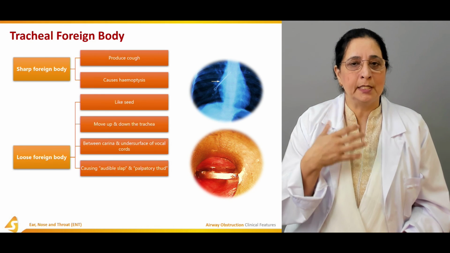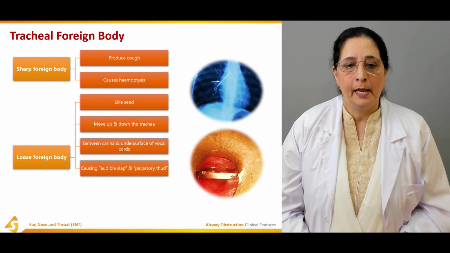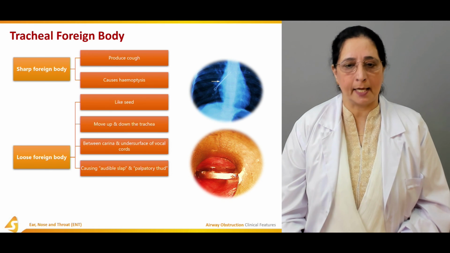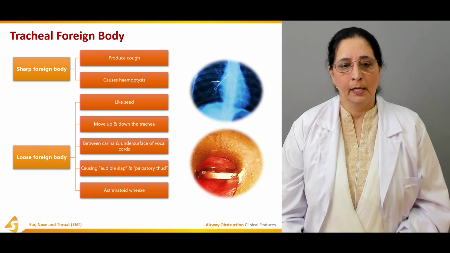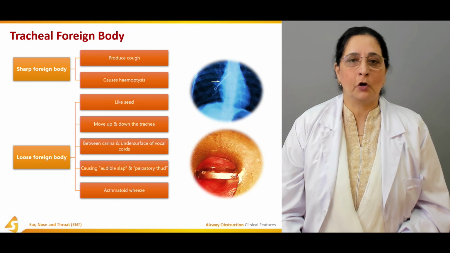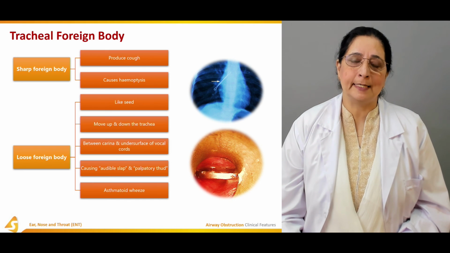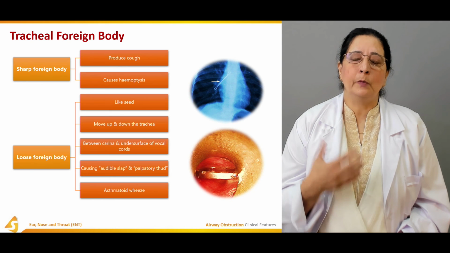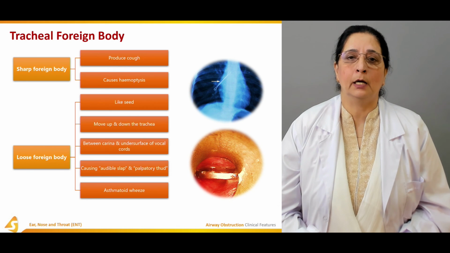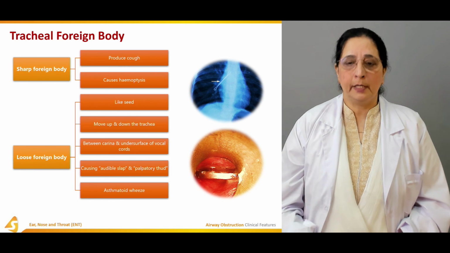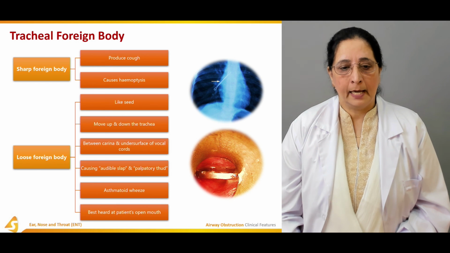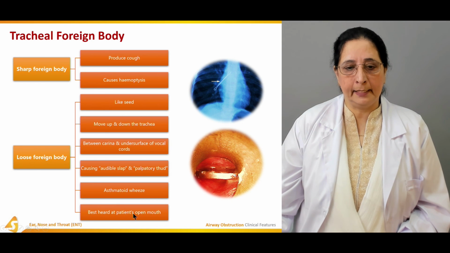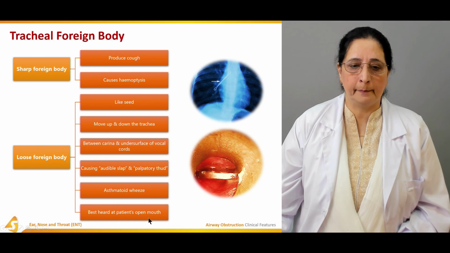It can produce a sound that is audible, and a palpatory thud. Also, asthmatoid wheeze is present, a loud sound produced by inhalation during breathing, and best heard at the patient's open mouth.